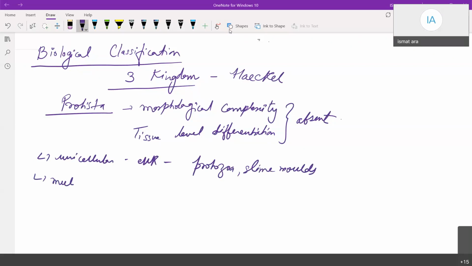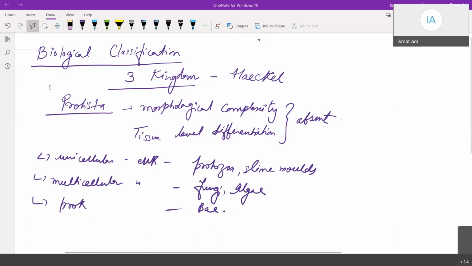Next, multicellular eukaryotes, fungi, algae, and then prokaryotes like bacteria. All these organisms are placed under Protista. So this is about three kingdom classification: Plantae, Animalia, and Protista. Again here one drawback: morphological complexity and tissue level differentiation absent.